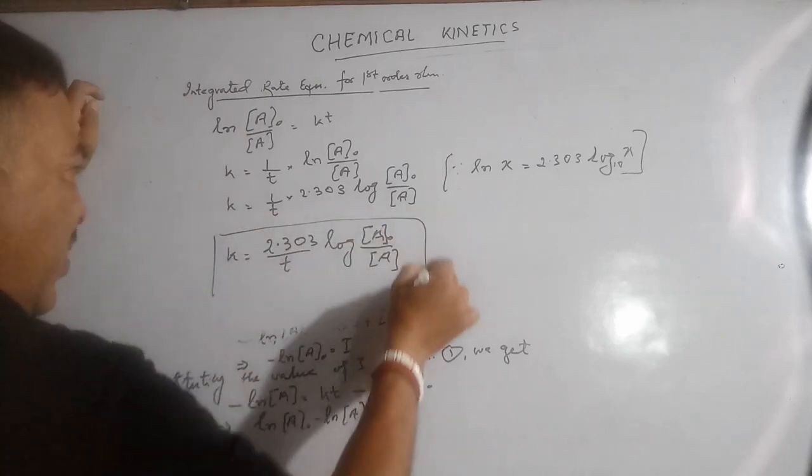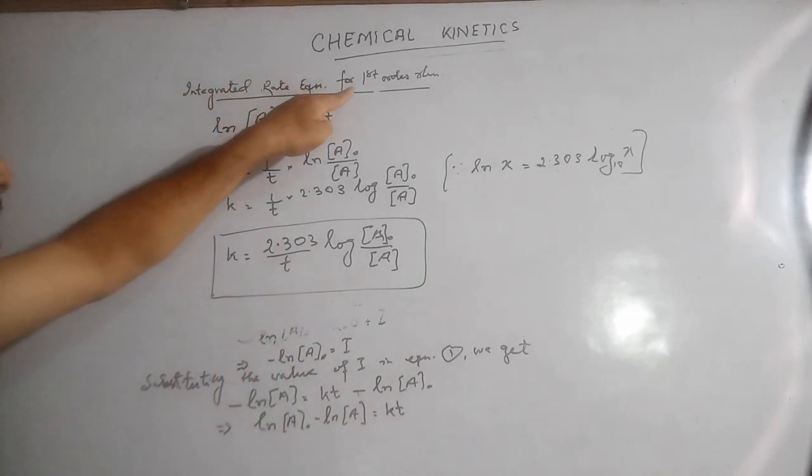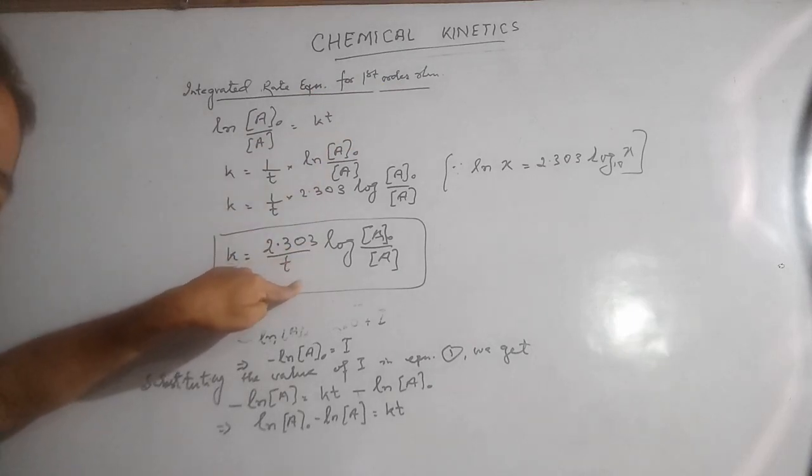This equation is called the integrated rate equation for first order reaction.